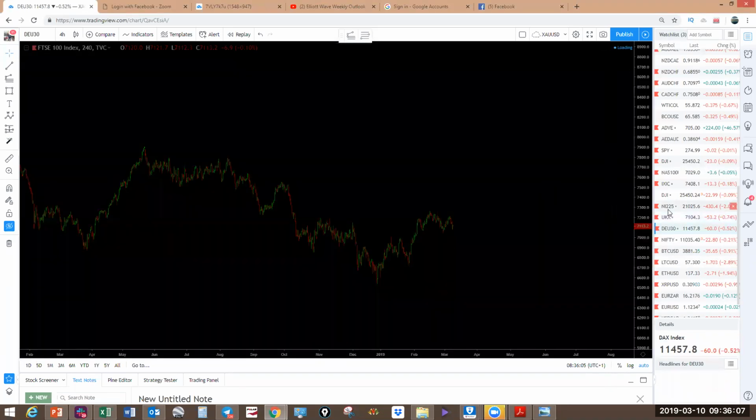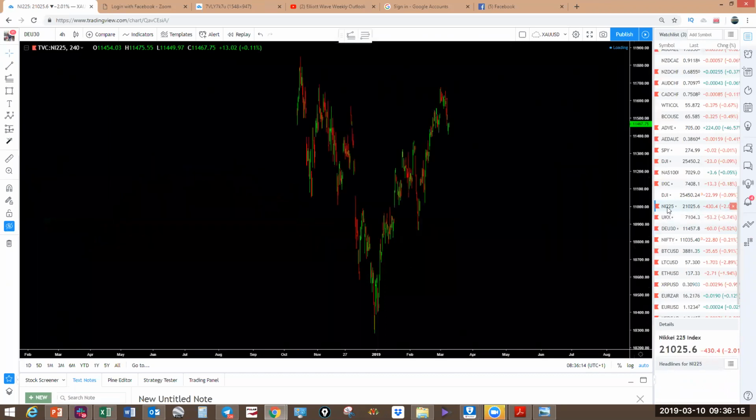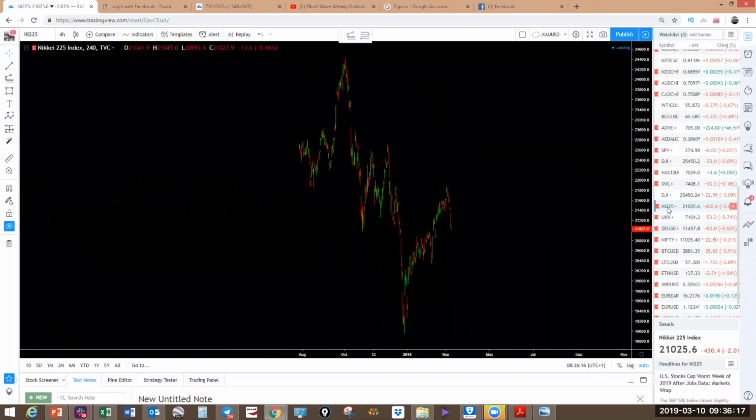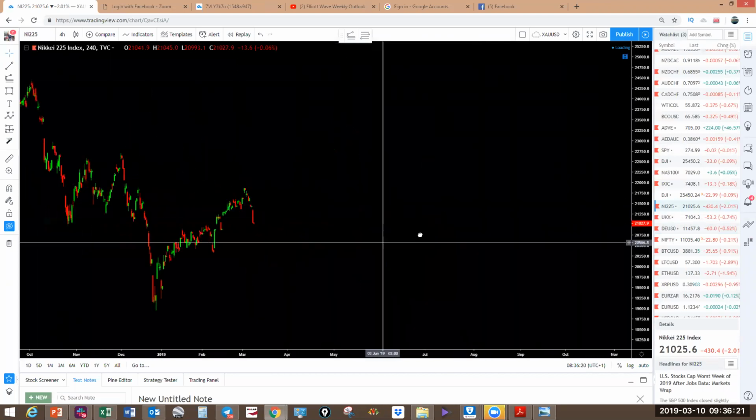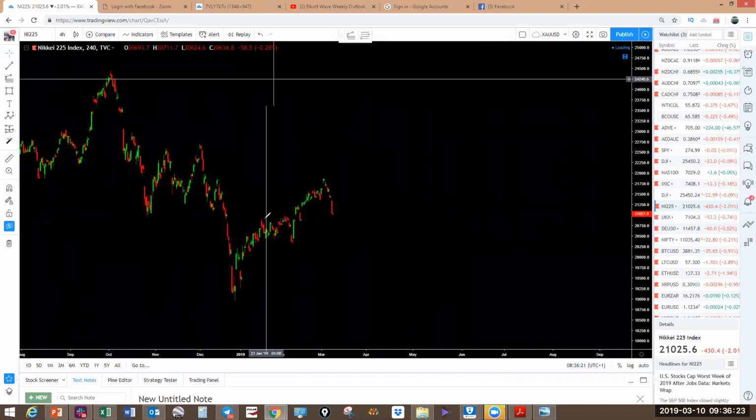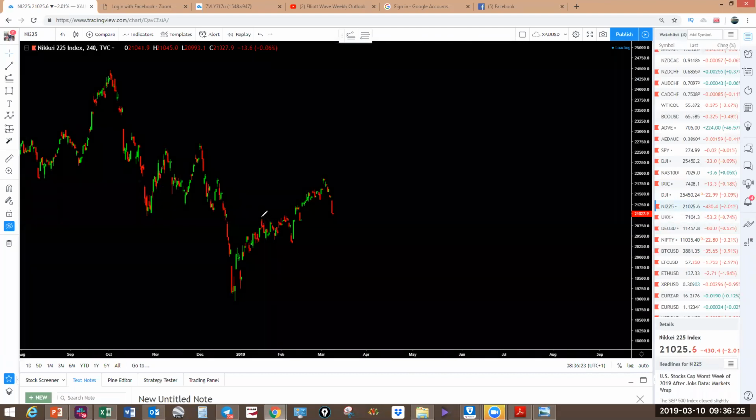The NIFTY first before we do the DAX. NIFTY. Same also, the NIFTY has made a 3-wave move, a very clear 3-wave move if you know how to read the charts. So this here is an expanding flat. So you can see you've got a 3-wave move up, a correction, and a 3-wave move up.